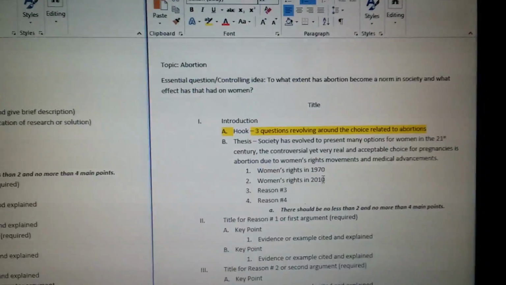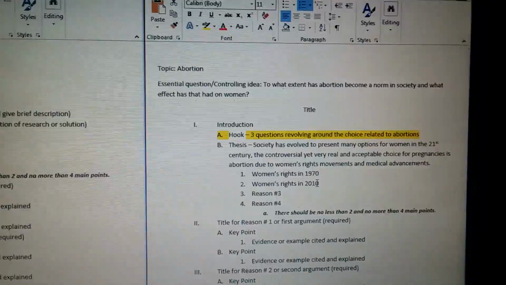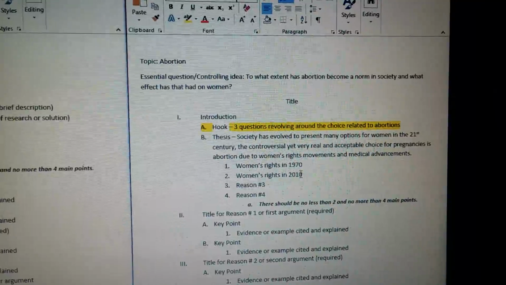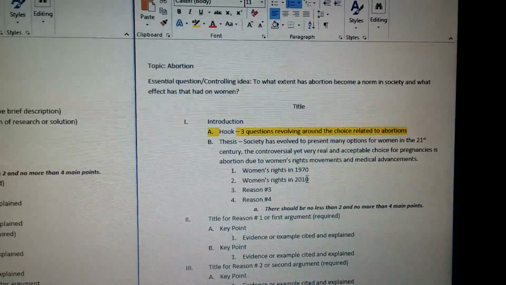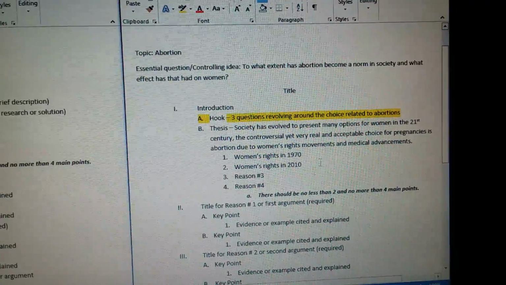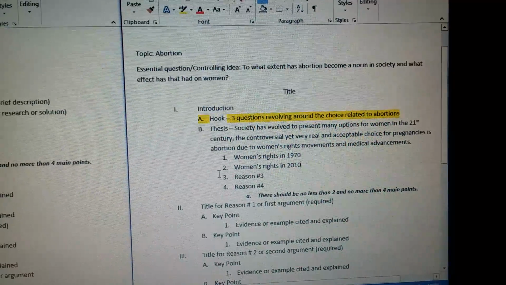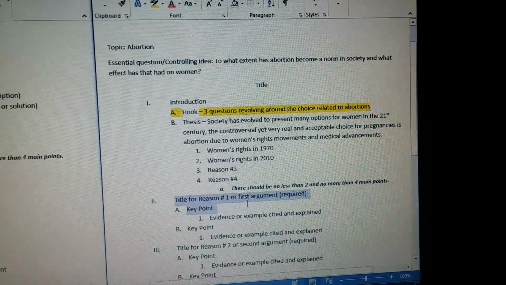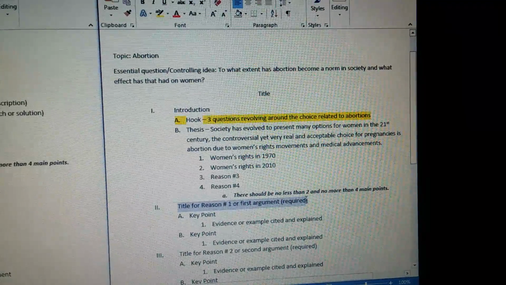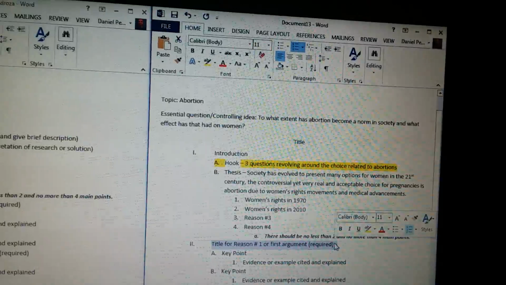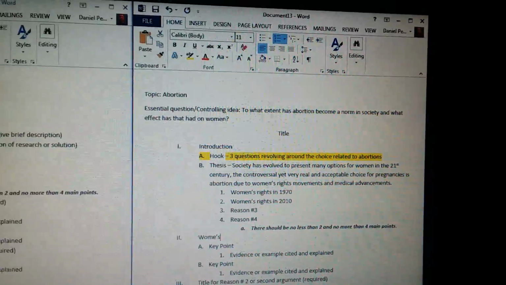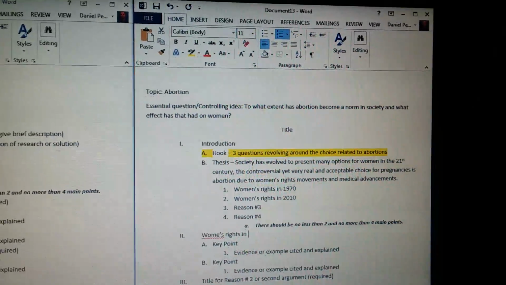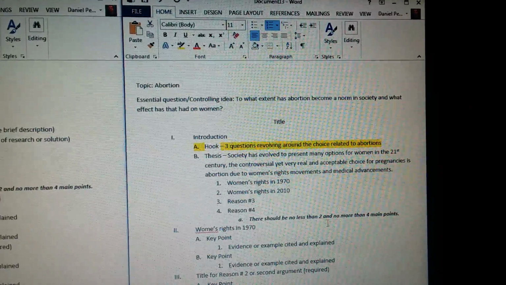Let's just say I have these two facts, right? I have a lot of note cards talking about the women's rights in 2010 and in 1970, right? And so these are 2 points that I'm going to be talking about. So I already know that for my title for reason 1, it's going to be women's rights in 1970.